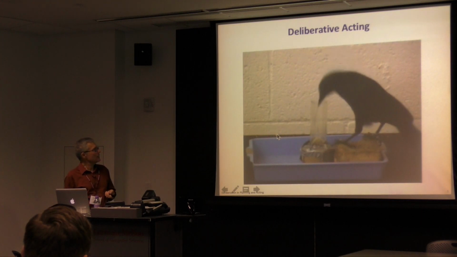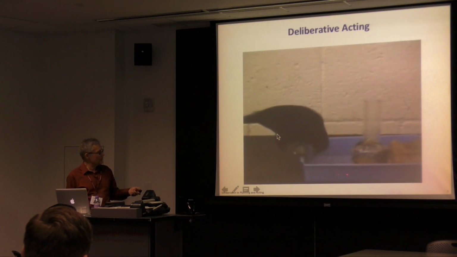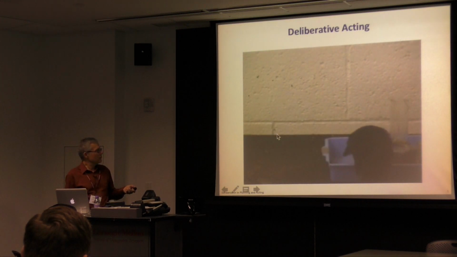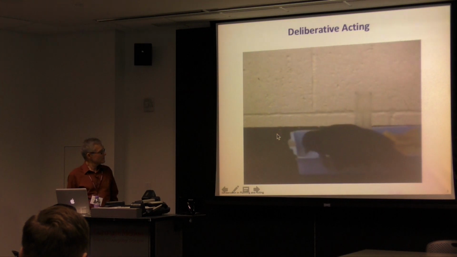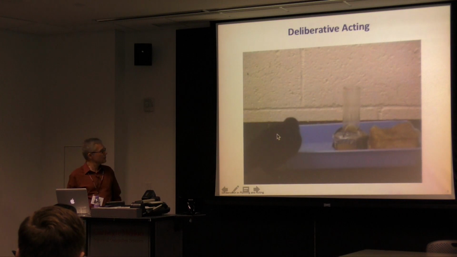And it tries a number of times, finally realizes it's not going to work that way, and figures out how to use the side of this tub as a brace for bending the wire into the shape of a hook. And keeps doing it until it's satisfied with the hook, which will be in another moment.